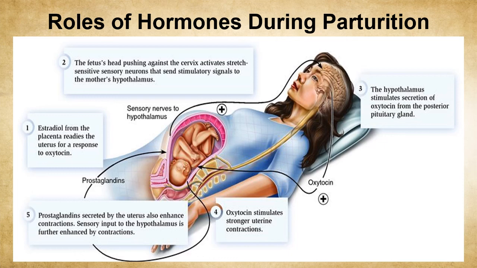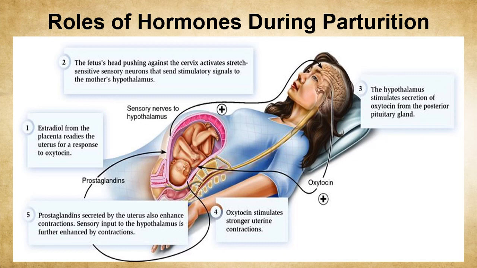Number 3: the hypothalamus stimulates secretion of oxytocin from the posterior pituitary gland. Number 4: oxytocin will then stimulate stronger uterine contractions.